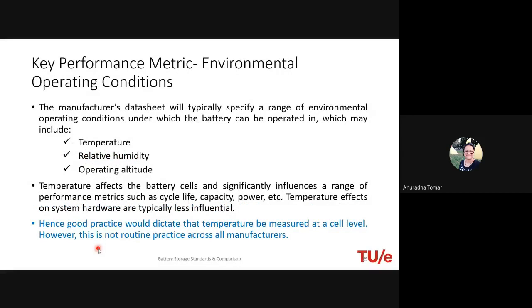And another is the environmental operating conditions. Here you could see that a lot of things affect the performance of the battery, that is the temperature, relative humidity, operating altitude.